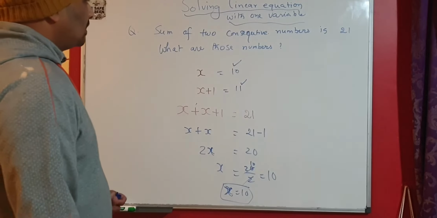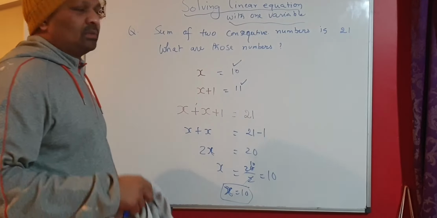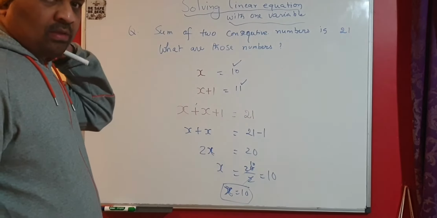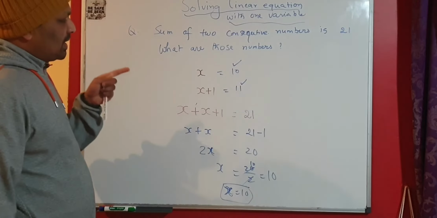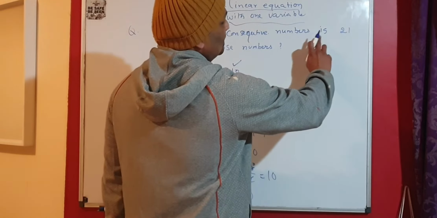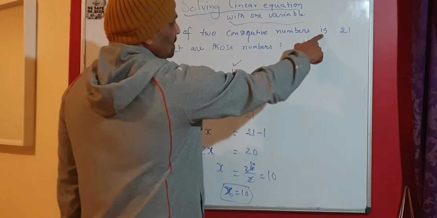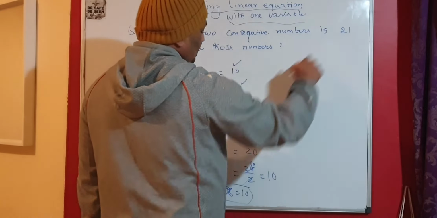That's how written problems can be asked. The very first thing is you have to read it a few times and translate it into an equation. It is an equation because there is an "is" here. So equal to 21.